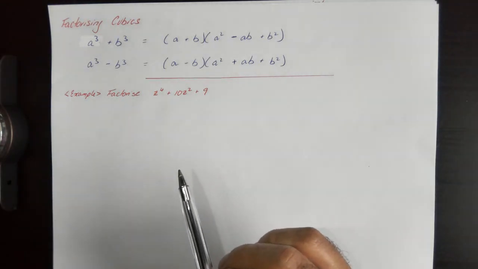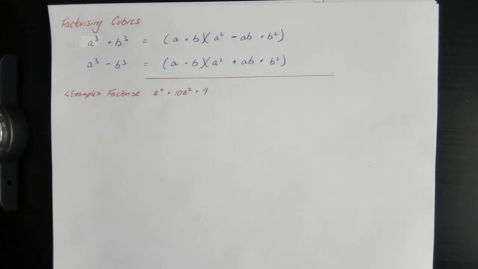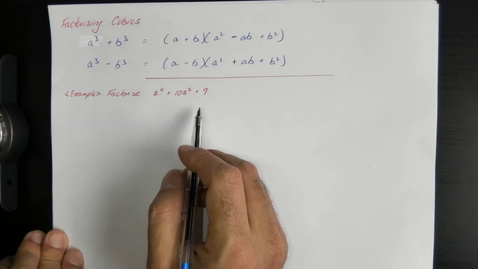All right, so let's look at this one. We're going to factorize z to the 4 plus 10z squared plus 9. I'm just trying to find my solutions.